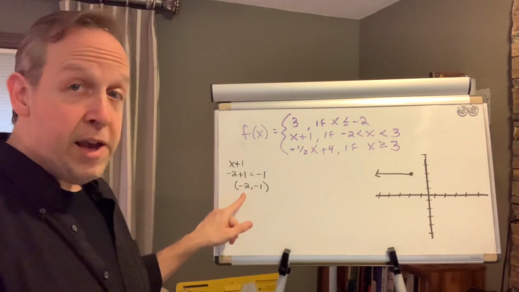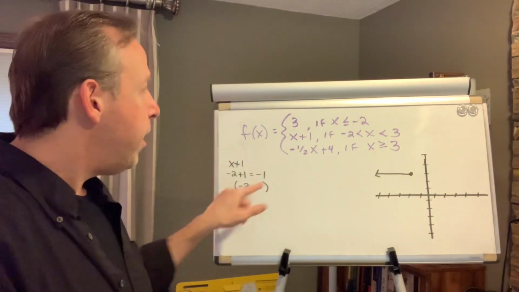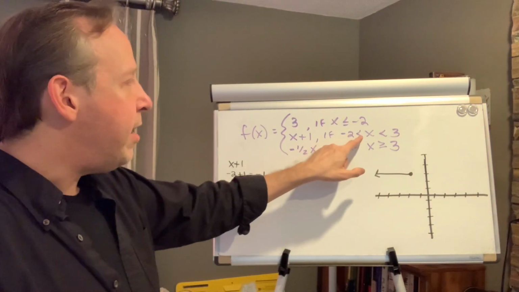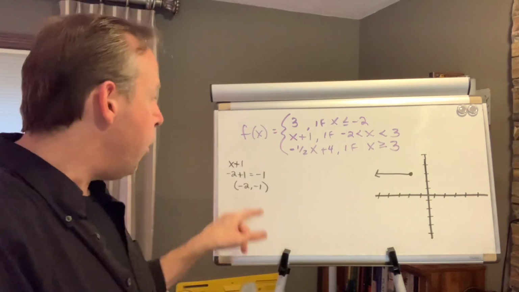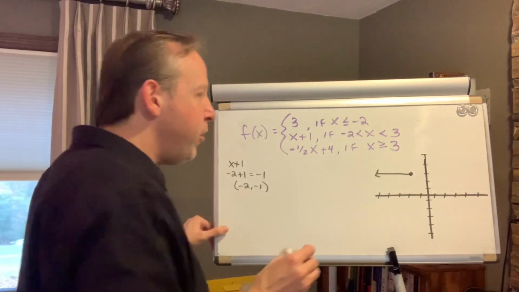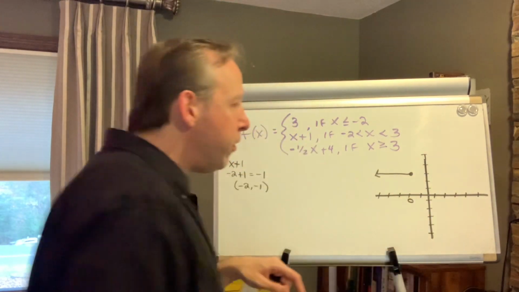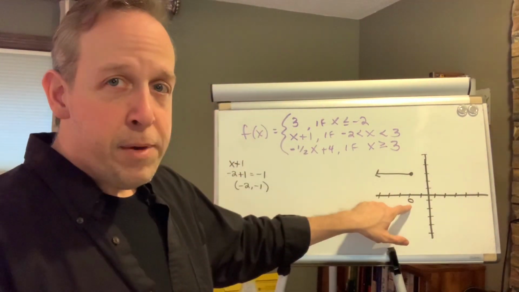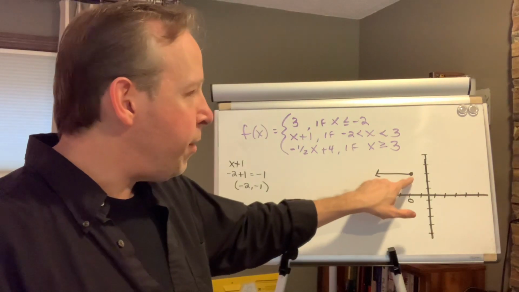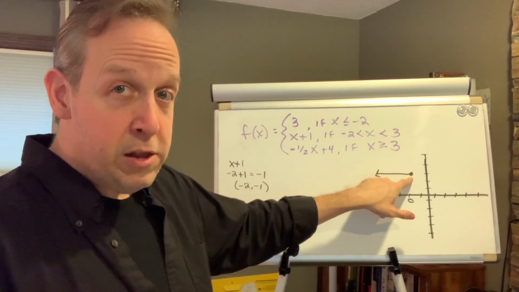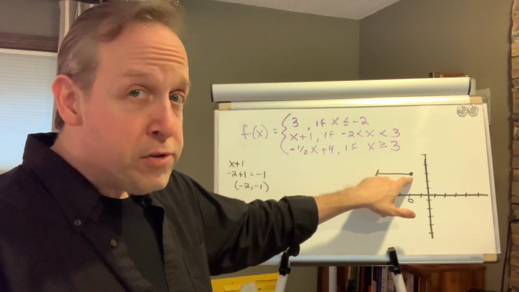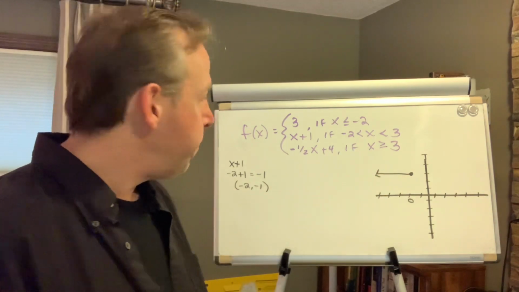That is a coordinate we need to graph. The symbol was less than, not or equal to. So it's an open dot at negative 2, negative 1. You should also know it's an open dot because we already have a value at negative 2 in the closed dot right there. It's a function. It can't have two outputs.